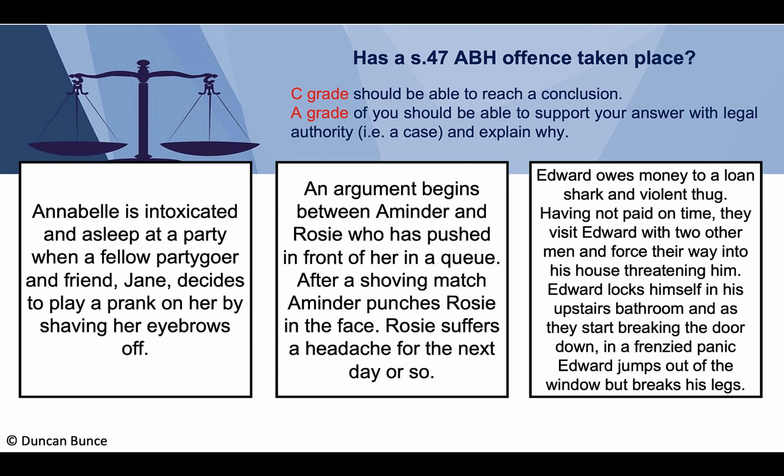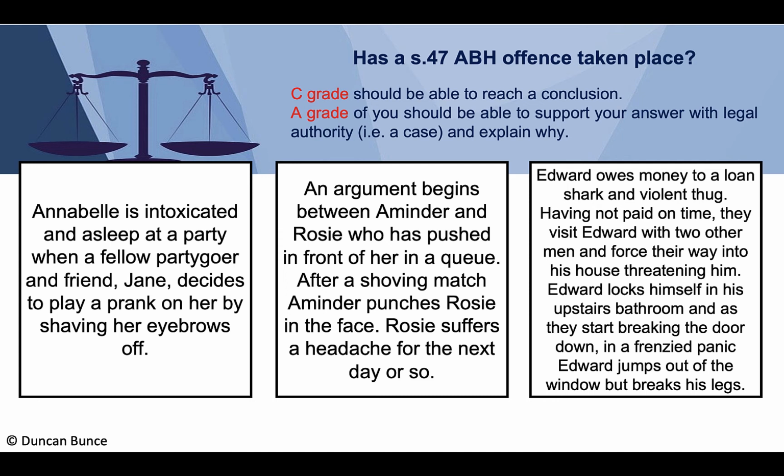Now we know, as I said before, the actus reus of ABH can be committed through an assault or battery resulting in ABH. Clearly here there is application of unlawful force, however she's shaved the eyebrows off, be it a razor, I would imagine.